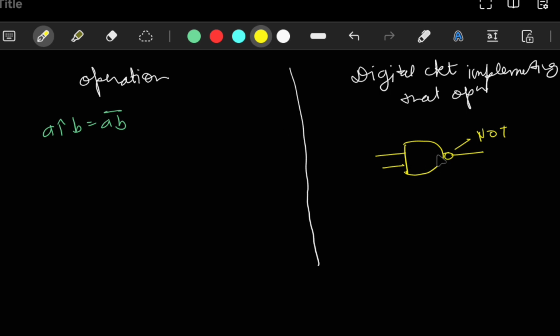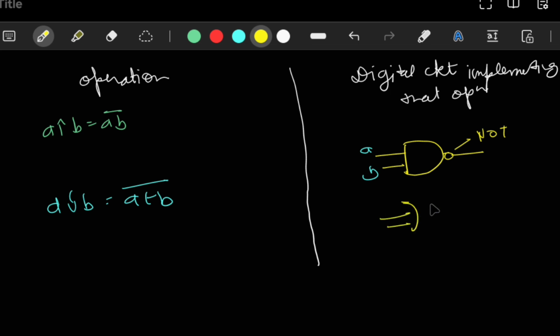First you do AND, then you do NOT. First you'll do AND A comma B, and then you'll do the complement. That's why this is the symbol. So for OR, first you'll do OR.